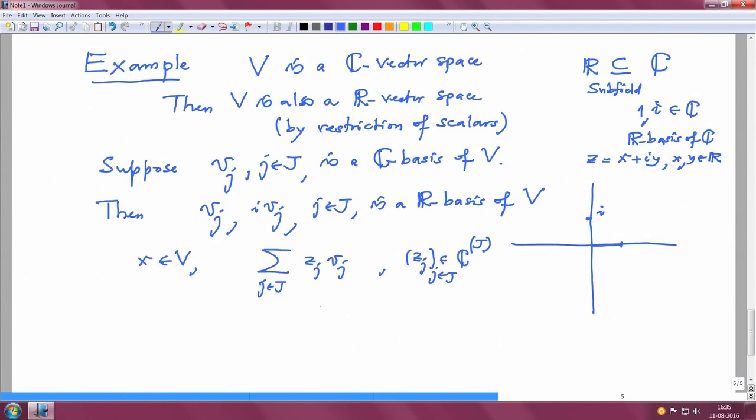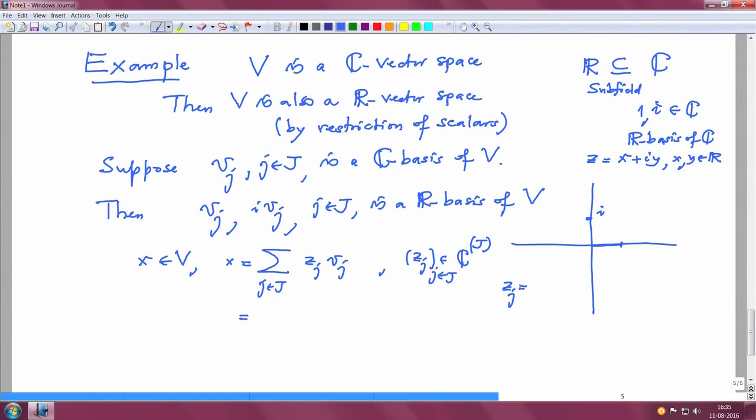And now I want to check that they generate V as an R vector space. So I should have an expression for x in terms of the v_j's and i times v_j's, so that the coefficients allowed are only real numbers. But this is very simple, because each z_j is a complex number.